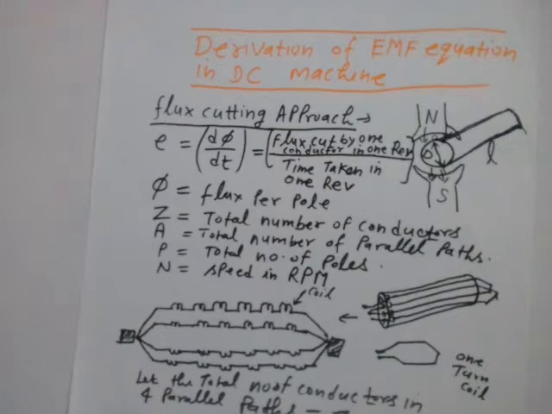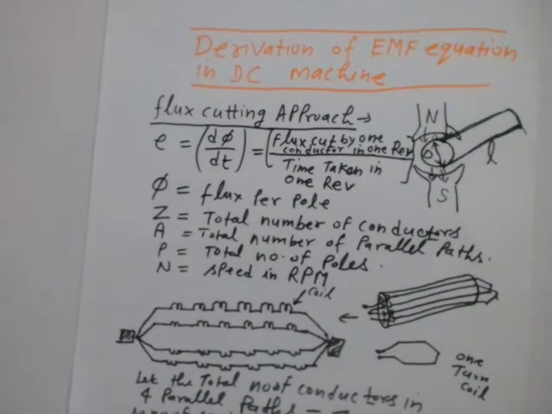So number of conductors per parallel path, can you tell me? Per parallel path means in one parallel path. Definitely you should divide it by 4, right? Because you have assumed that there are 4 parallel paths.